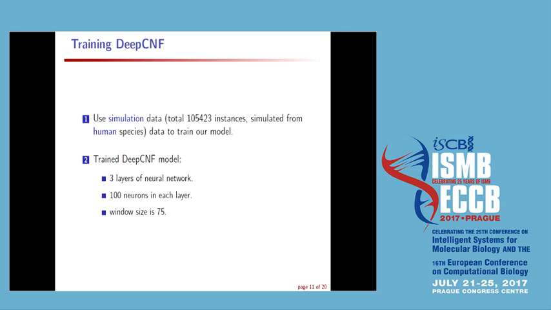We will use experimental results to show that this model, trained on simulated human data, also works very well on other species and on biological datasets. The final model has 3 layers of neural network with 100 neurons in each layer, and the window size for the convolutional model is 75.